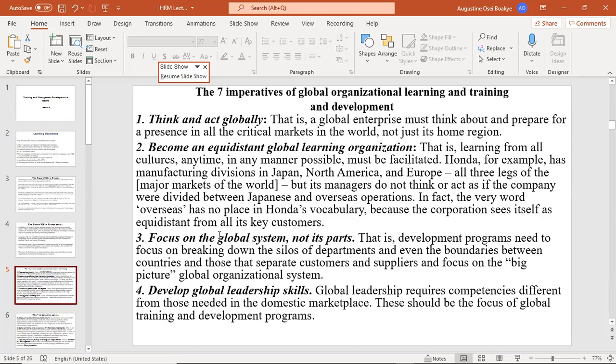The fourth one is to develop global leadership skills. And by global leadership skills, we are saying that global leadership requires competencies different from those needed in domestic markets. And this should be the focus of global training and development. For a multinational enterprise to leave its footprints in the international business landscape, they must have global leadership at the helm of affairs.